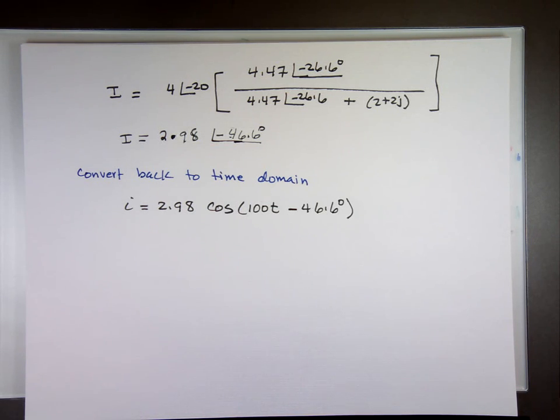A lot easier than doing it other ways, especially in time domain. So that's the process you're going to see me do. Convert to Phasor, solve it in Phasor, convert back to time domain.